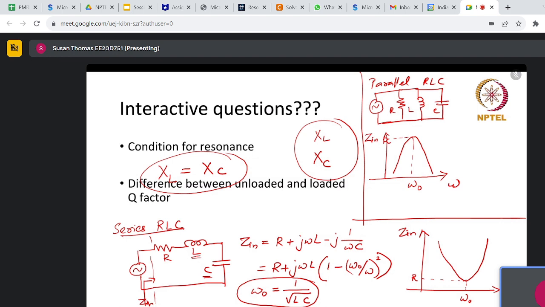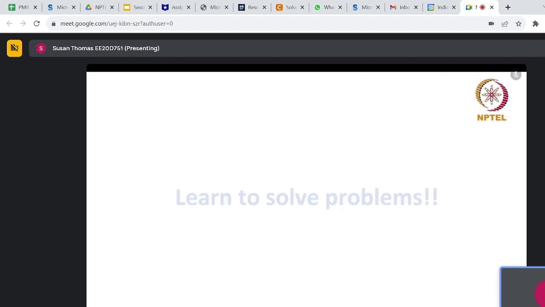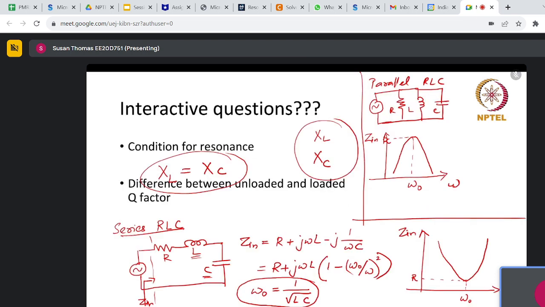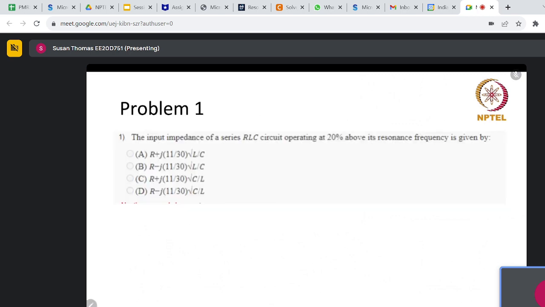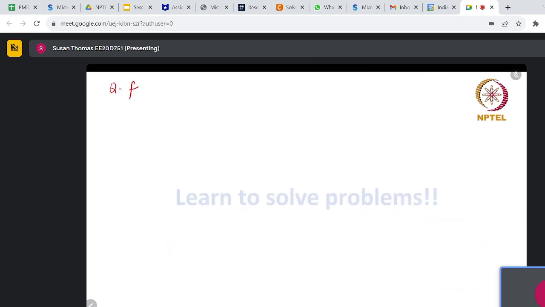Also, we have come across loaded and unloaded Q factors, which is a very important topic in the video lectures. To brief on that, we know about Q factor; what quality factor is, is known to us. What is the basic difference between unloaded Q factor and loaded Q factor? That is something which is a takeaway from here.